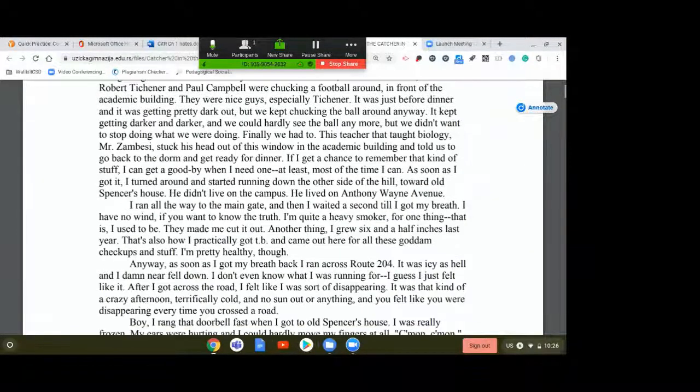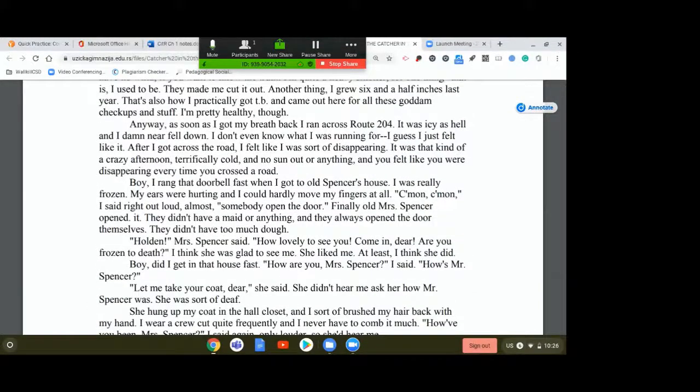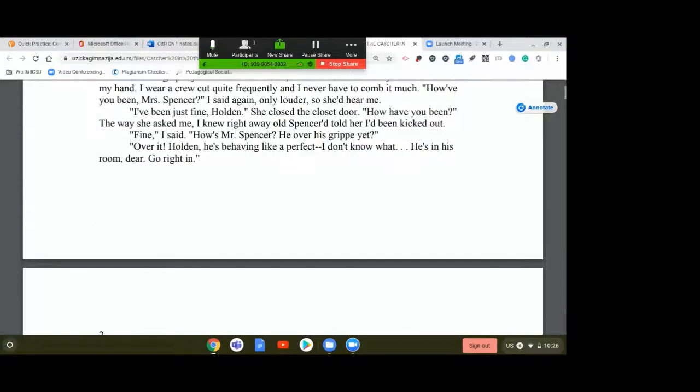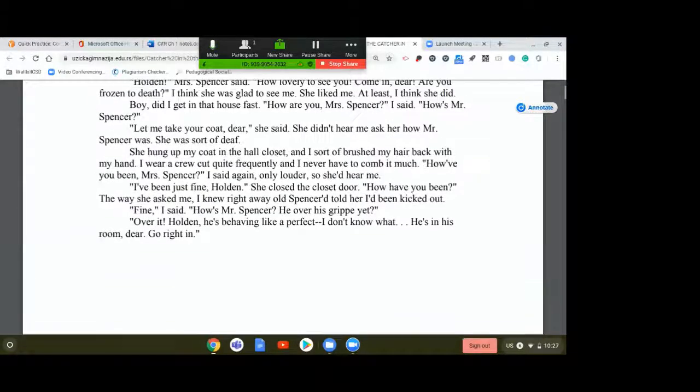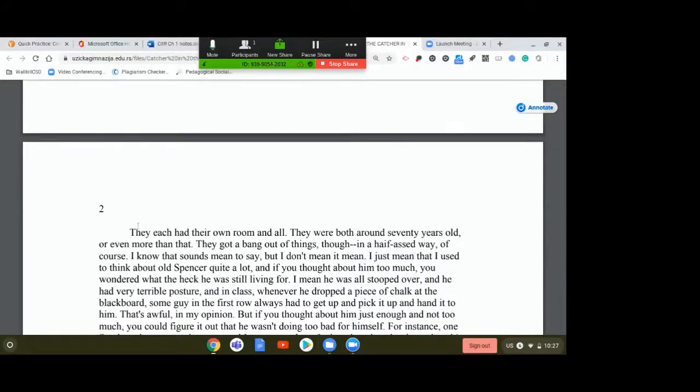He talks about a couple other characters, but he actually goes to the Spencers' house. And so the Spencers are going to be who we meet in this next chapter. So I'm going to end our reading here. We've done a good job. We read a whole chapter. We talked about background. And just know that the Spencers, Mr. Spencer was his history teacher, is where we will pick up for chapter 2.